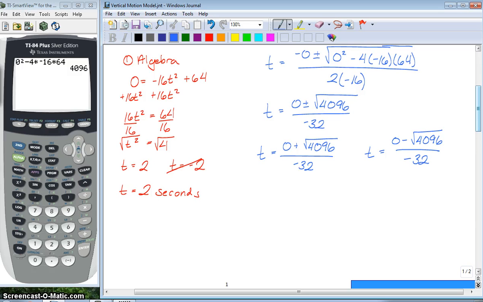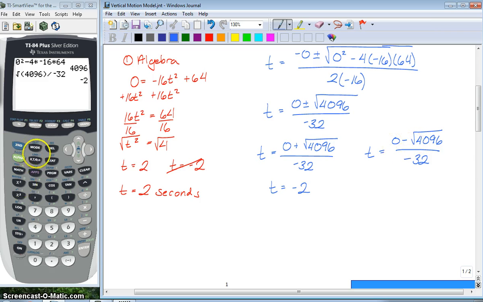Again, just turn to the calculator to simplify. 0 plus doesn't really make a difference in this case. So I have the square root of 4,096, close parenthesis, divided by negative 32. When I hit enter, t equals negative 2. The second one I can't simplify as easily because I have this minus sign.